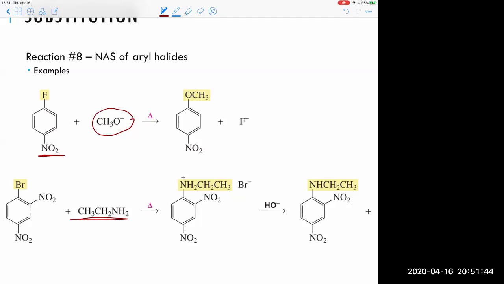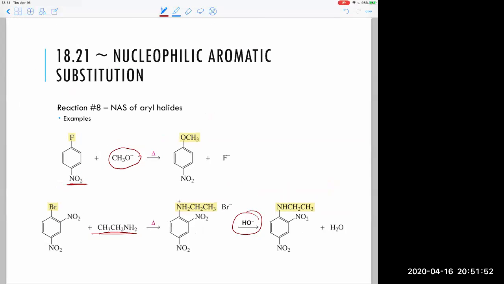And so then you would have to apply a base to remove that proton, deprotonate that nitrogen. But that's how you can stick now an amine group on that benzene ring. All right, and again, these are all because these benzene rings are primed and ready to go for nucleophilic aromatic substitution because they have those nitro groups on there.